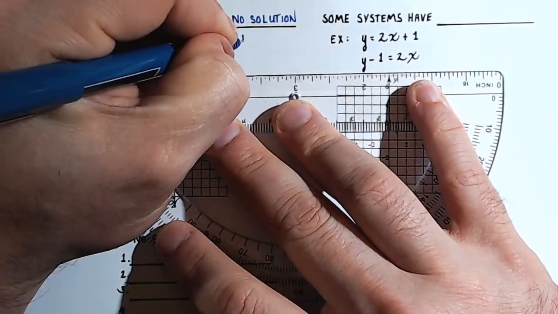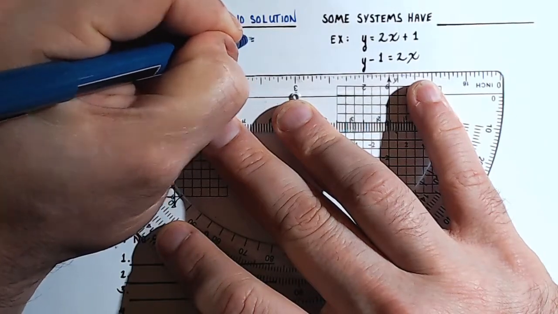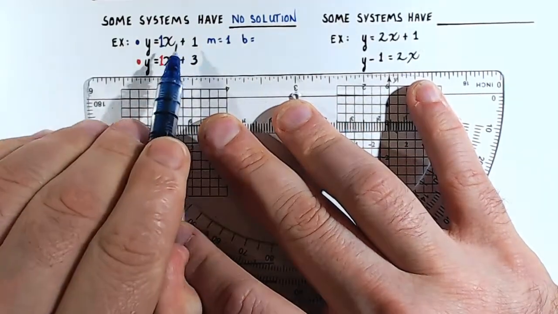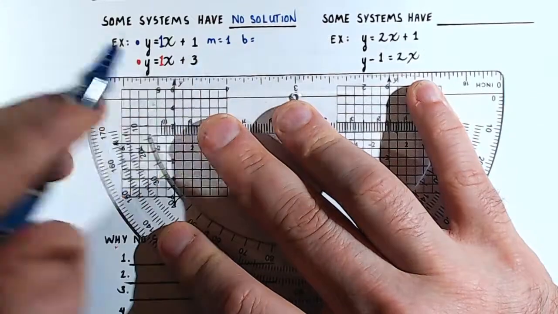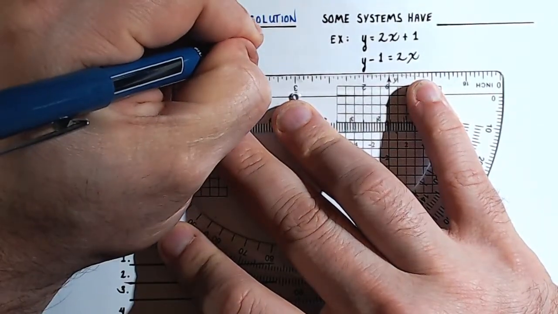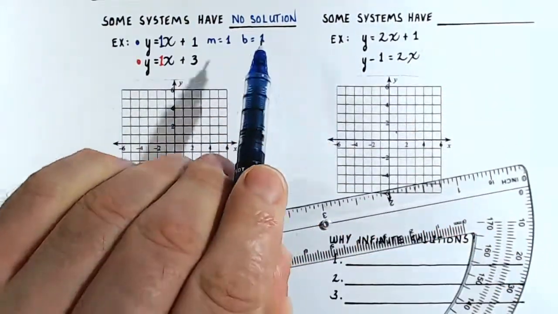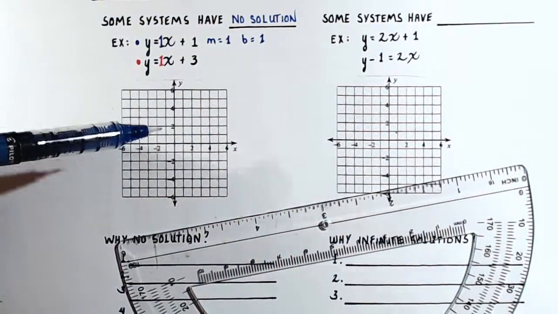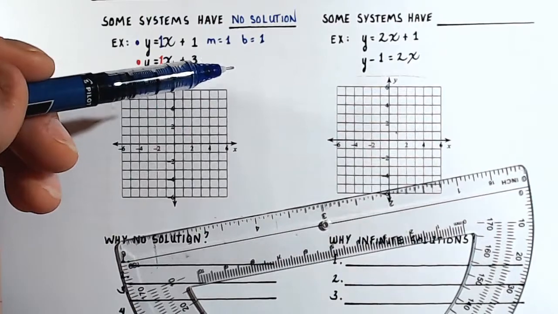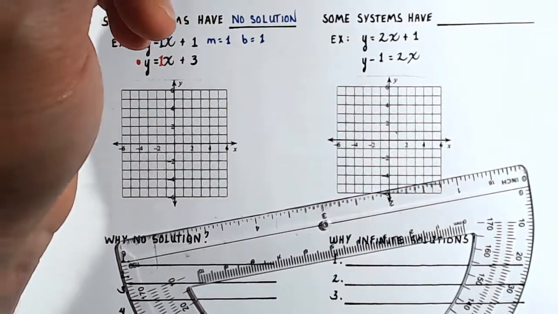And b, remember y equals mx plus b, b is 1, the y-intercept. Remember, b is the y-intercept. So b is 1. So what am I saying? I'm saying this thing hits the y-axis at 1, and then it goes up 1 and over 1. Rise 1, run 1.